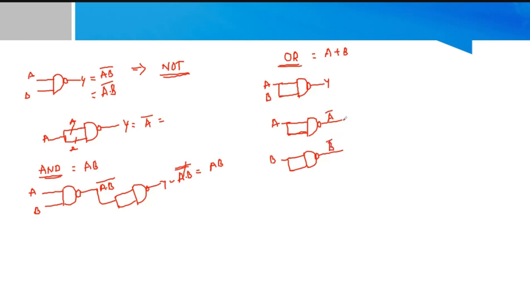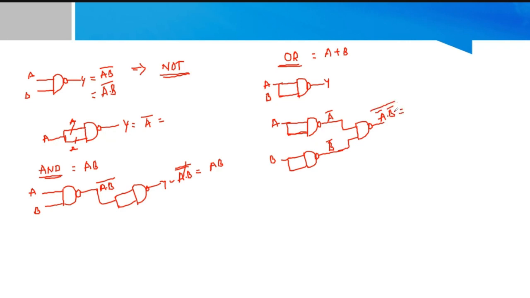Give these two inputs to a NAND gate. So here you will get A bar into B bar, whole bar.